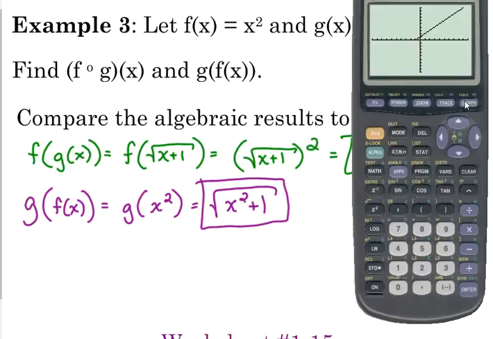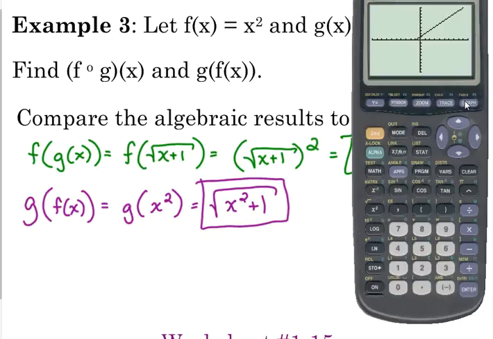As long as our x values are -1 or bigger, we're fine. So that restricted our domain. When we square it, that's no big deal. We can square any number that we want to, but we can't take the square root of any number we want to. So that's why when you graph this, it looks like the line x plus 1, but it's not the entire line x plus 1. It starts right here at -1.